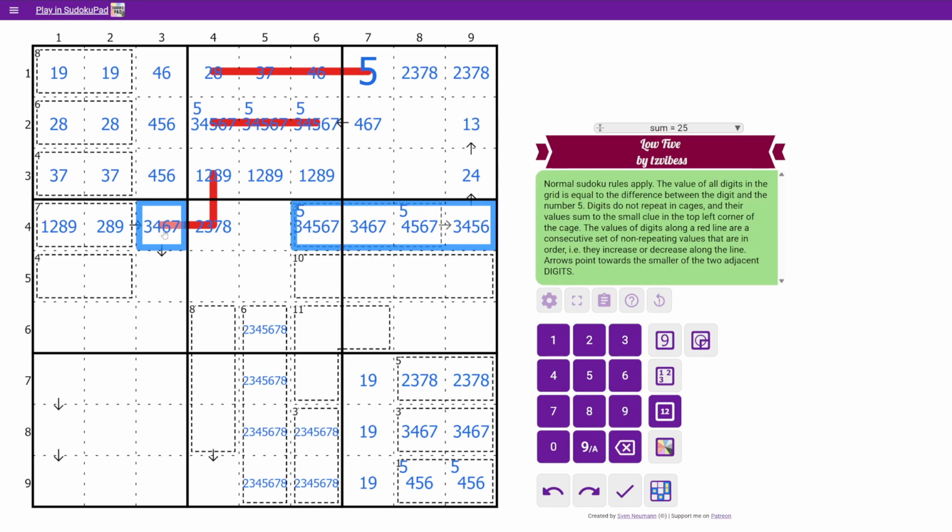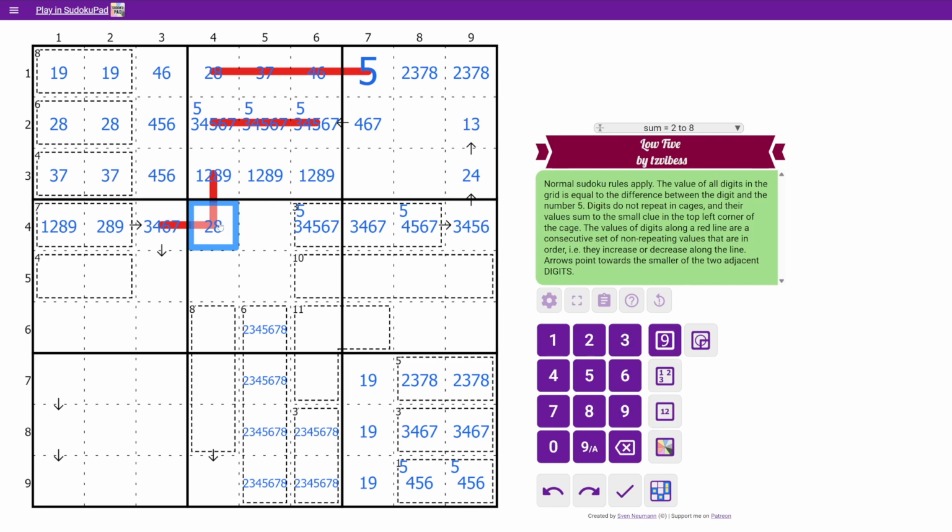Okay, there we go. That's a 3, 4, 5, 6, 7 quintuplet, I suppose. 3, 4, 5, 6, 7. Yeah. So 3 and 7 can be taken out of here.